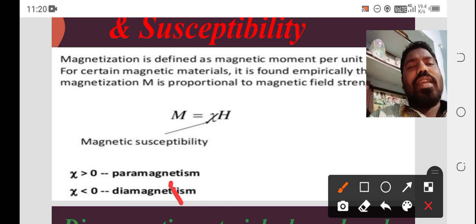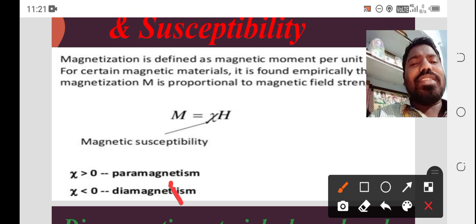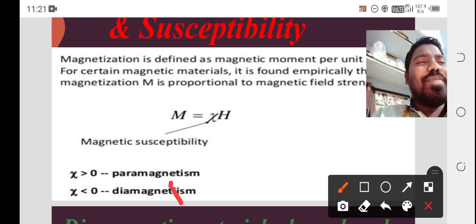So here, if the susceptibility of any material is greater than 0, that material is defined as paramagnetic. If the susceptibility of any material is less than 0, it may be negative, then it is diamagnetic material.